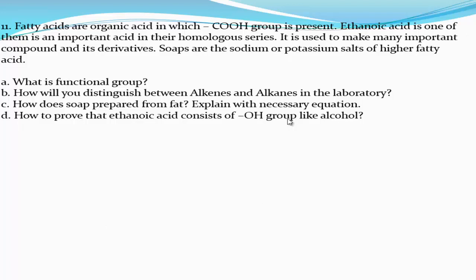With phosphorus pentachloride, ethyl chloride, phosphorus oxychloride plus water are produced. And when ethanoic acid also reacts with phosphorus pentachloride, a similar reaction occurs. So by these two reactions we can easily understand that ethanoic acid contains a hydroxyl group like alcohol.